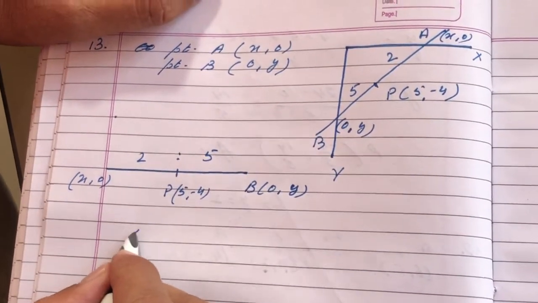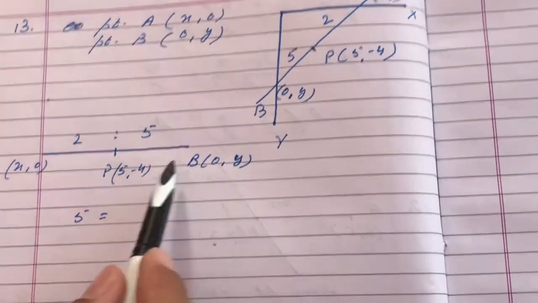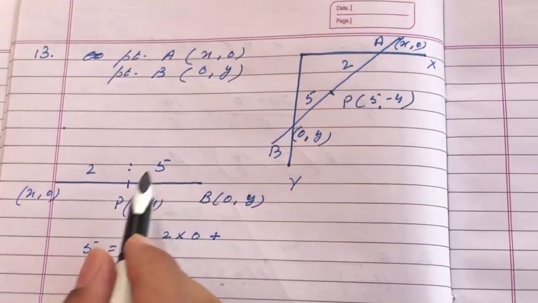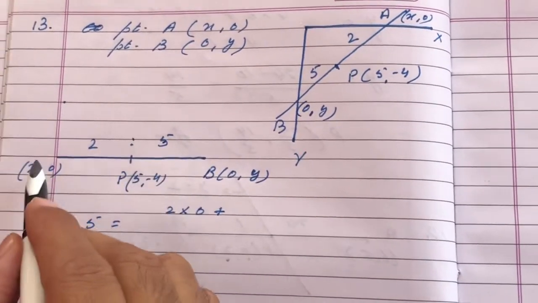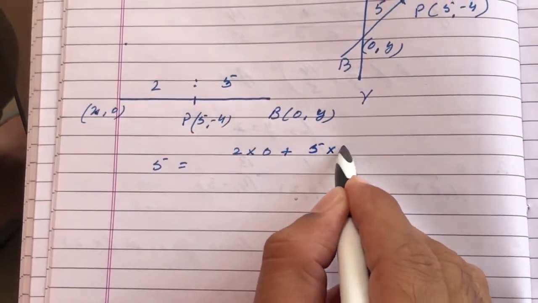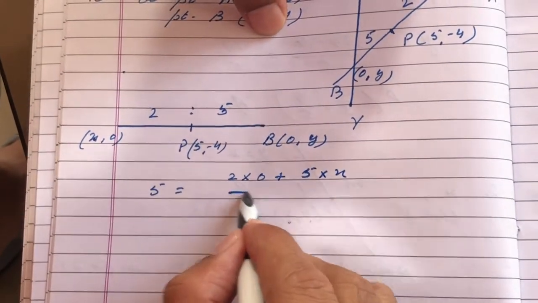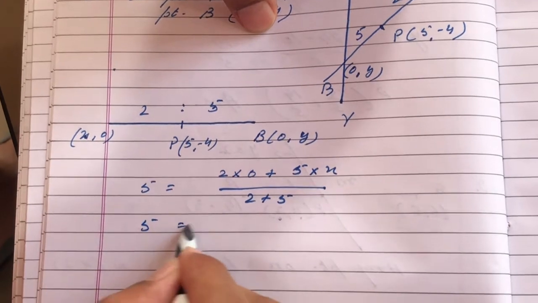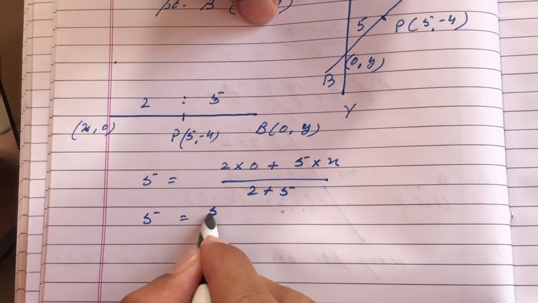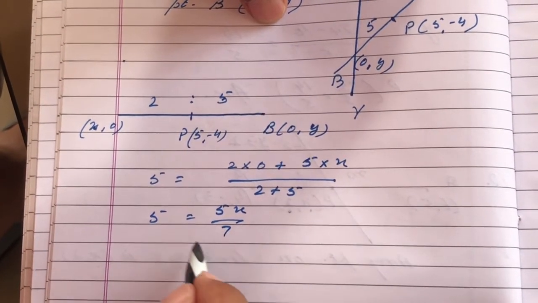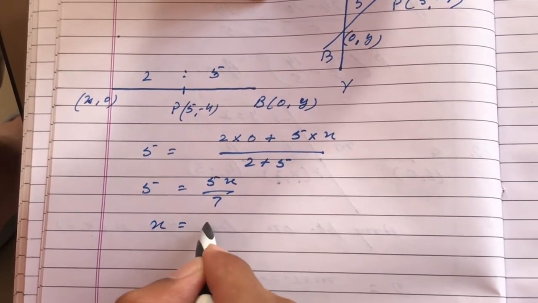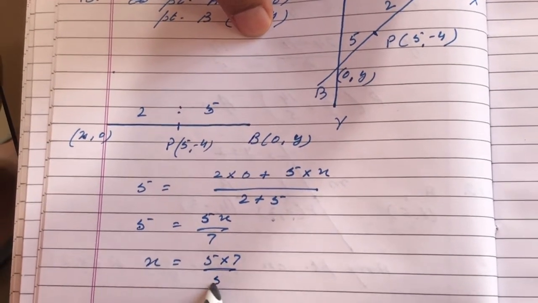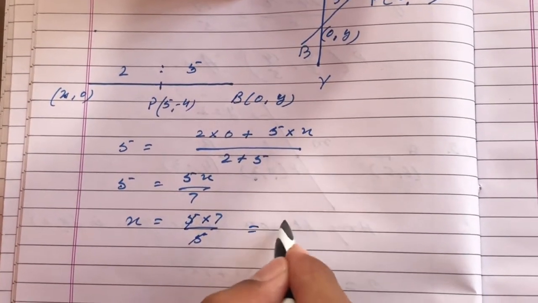Now 5 is equal to m1 x2 plus m2 x1, 2 into 0 plus 5 into x, upon m1 plus m2, 2 plus 5. 5 is equal to 2 into 0 is 0, 5x upon 7. So x is equal to 5 into 7 upon 5. 5 cancels with 5, x is 7.